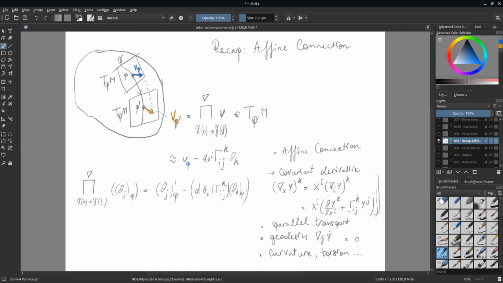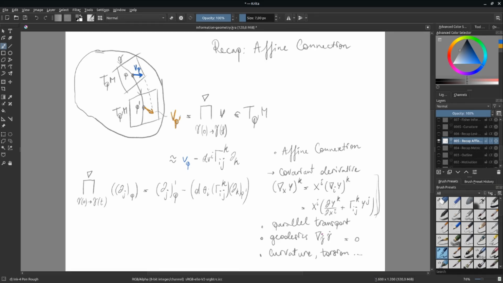We can do parallel transport, as mentioned. We can also compute geodesics, in the sense that we'd like to generalize the idea of a straight line. With a straight line, you never change direction, you stay parallel with yourself. And so that's the definition of a geodesic: it's simply a curve gamma such that its velocity is always parallel to itself.